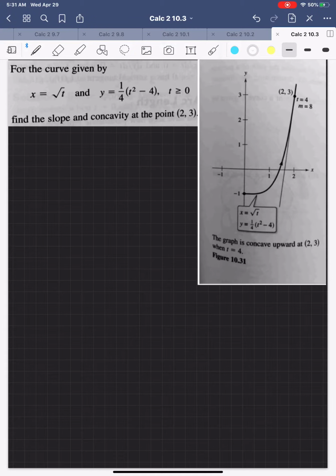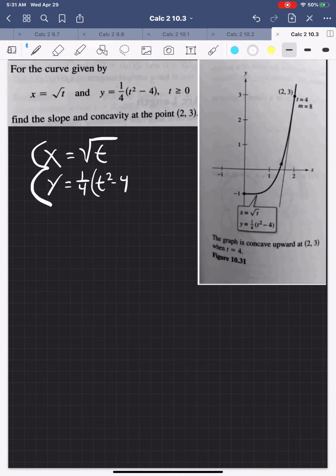For the curve given by the following parametric description, x is equal to the square root of t, y is equal to 1/4 t squared minus 4. All right, now it says we have a restriction that t has to be greater than or equal to 0.